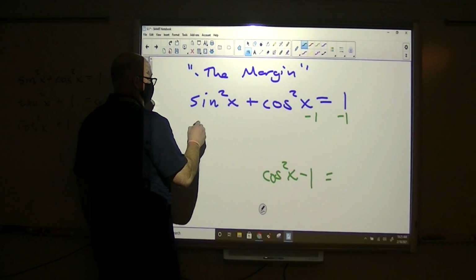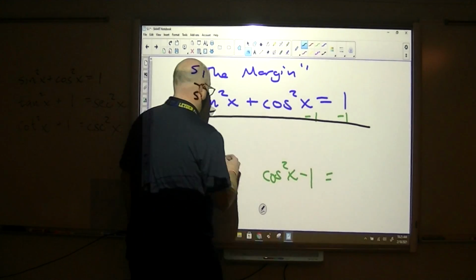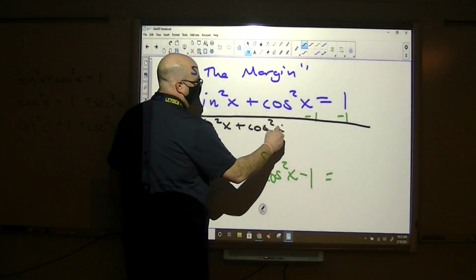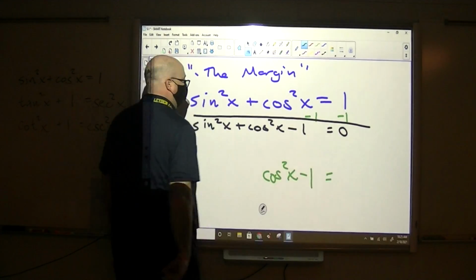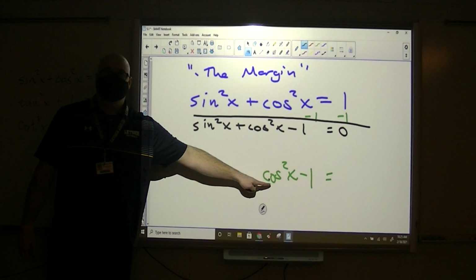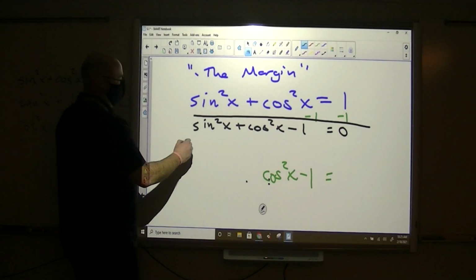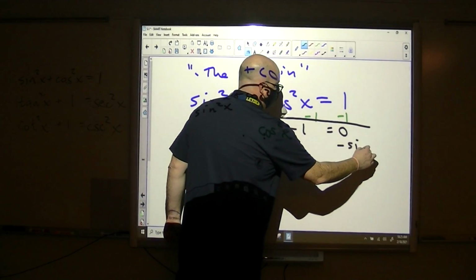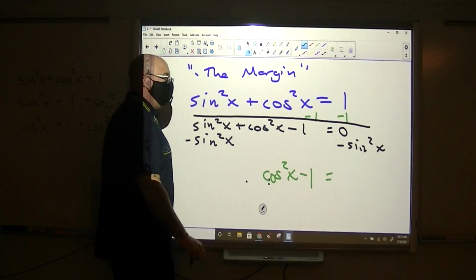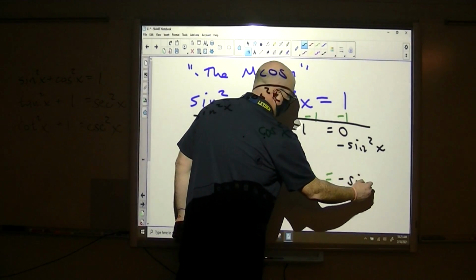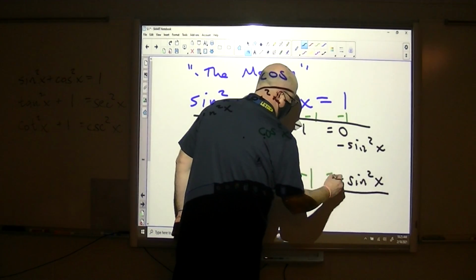So now this statement says sine squared x plus cosine squared x minus 1 equals 0. But I want it to just be that. So I move this over. And 0 minus sine squared x is negative sine squared x.